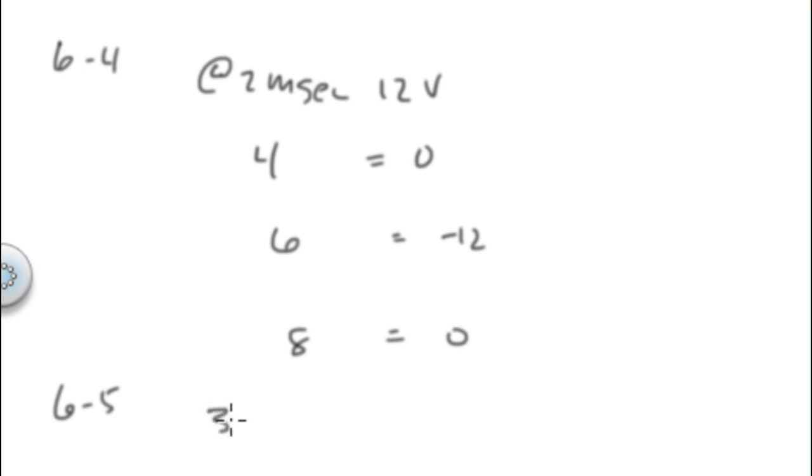So it's 3 volts per second times 1 second is equal to 3 volts. At 2 seconds, it's equal to 6 volts. At 9 seconds, it's equal to 27 volts. And then it starts going down from 27 to 0, from 9 to 10. So at 9.5, there's half of 27, 13.5 volts.